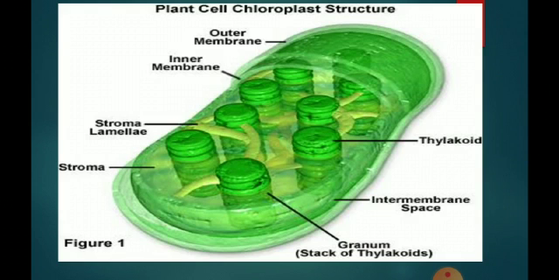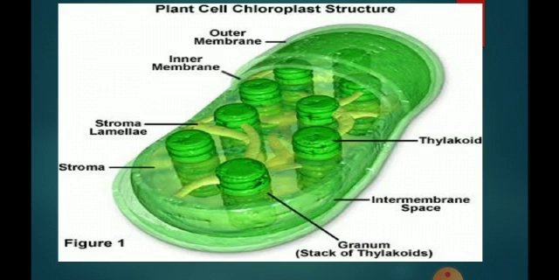Leucoplast, and there is again one more, that is the chromoplast. Chloroplast gets converted into chromoplast. One more plastid other than chloroplast is the leucoplast. These are involved in synthesis and storage of food substances like starch, oil and protein.